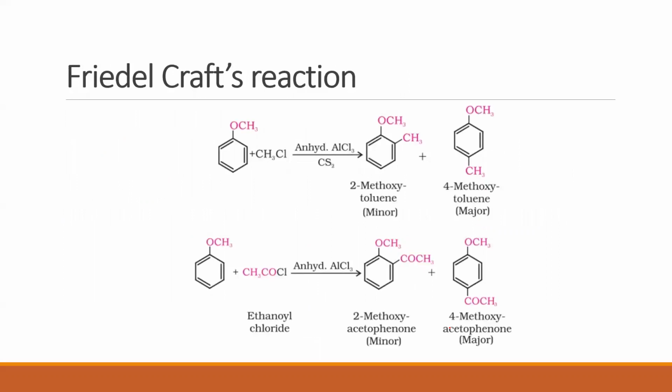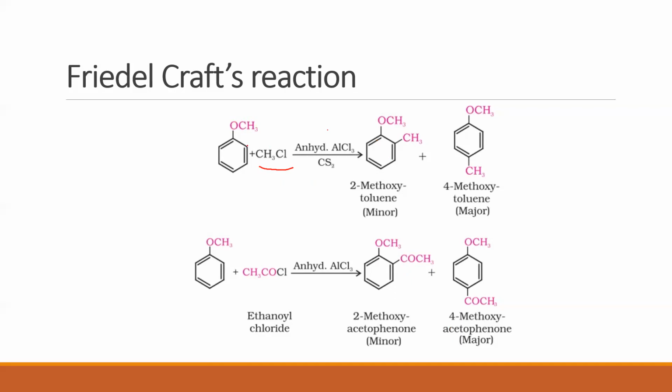Friedel-Crafts reaction. Friedel-Crafts reaction is a reaction where the catalyst used is anhydrous aluminum chloride. The first example is alkylation, because I'm taking an alkyl halide. We said this is ortho-para directing, so the product obtained will be ortho and para.